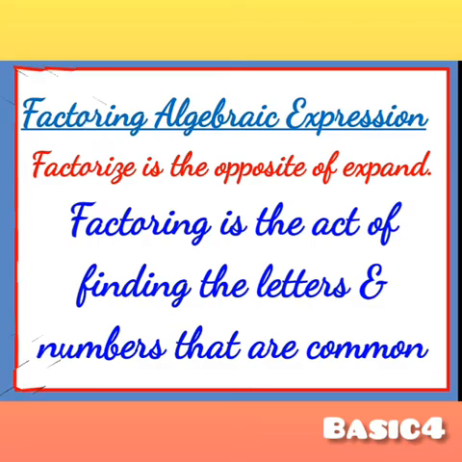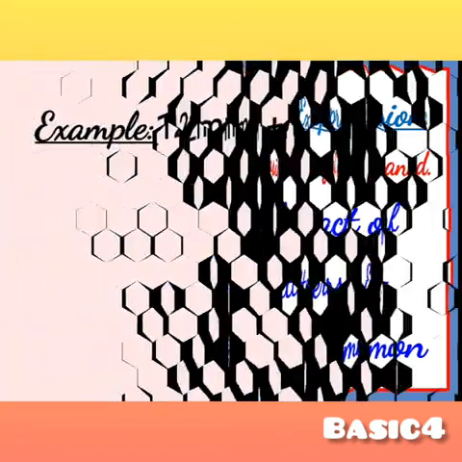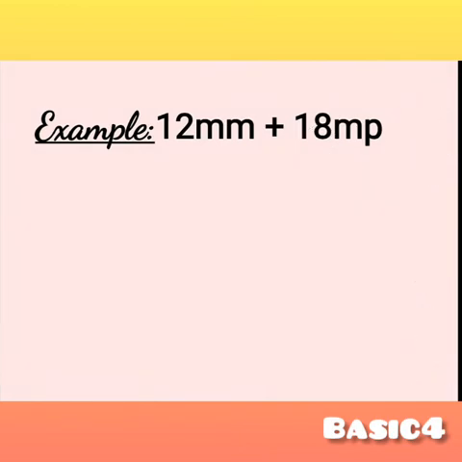Let's do one example. Example 1. 12mm plus 18mp. Look at this. What is common here? Between the 12 and 18 that are the coefficients, you find the factors of 12. In other words, we'll be looking for the highest common factor of 12 and 18.